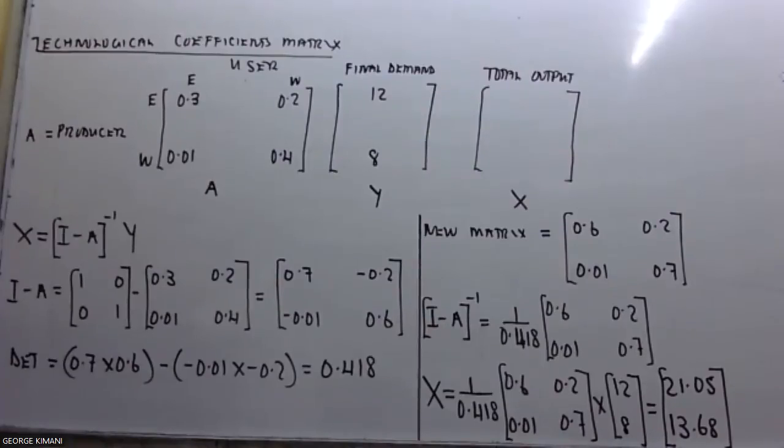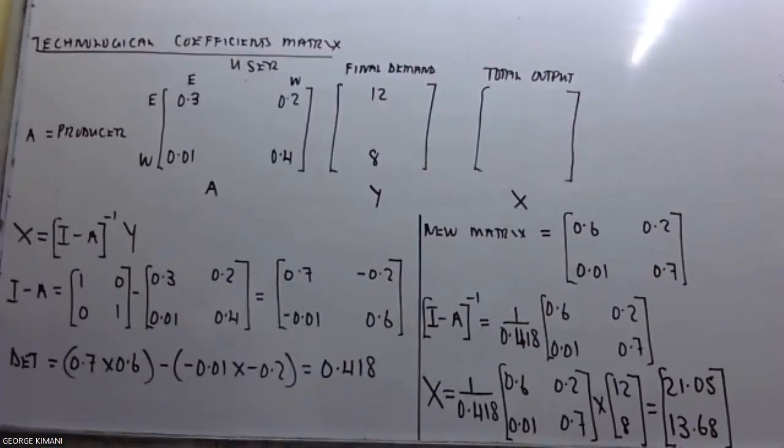Then I get the new matrix, which involves interchanging the major diagonal numbers and changing the signs of the minor diagonal. Then the inverse of the identity matrix minus the technological matrix is one over the determinant times the new matrix.